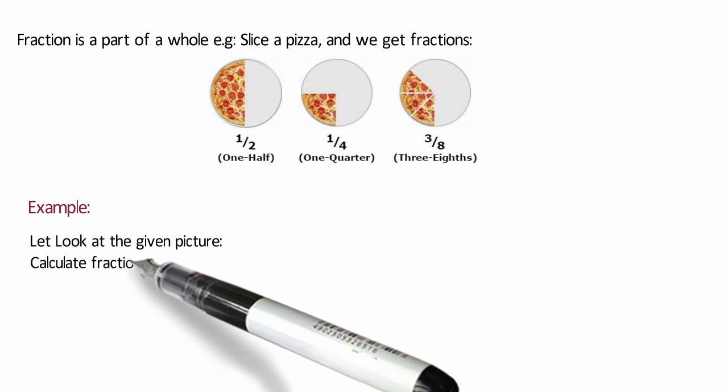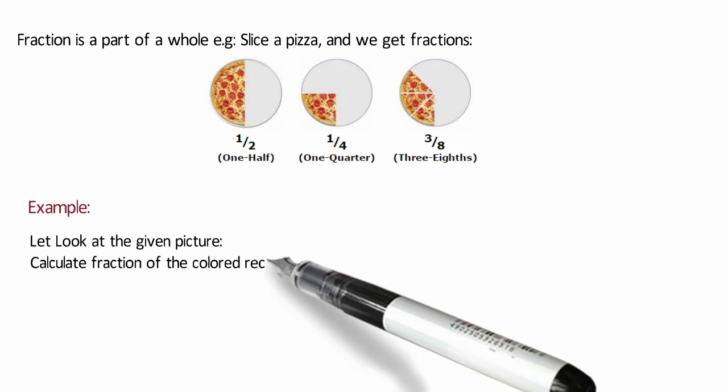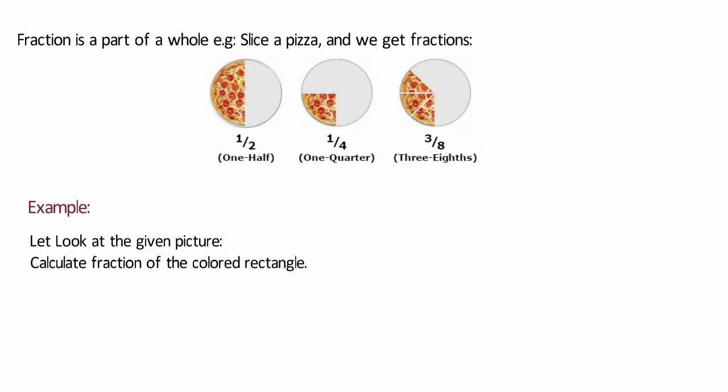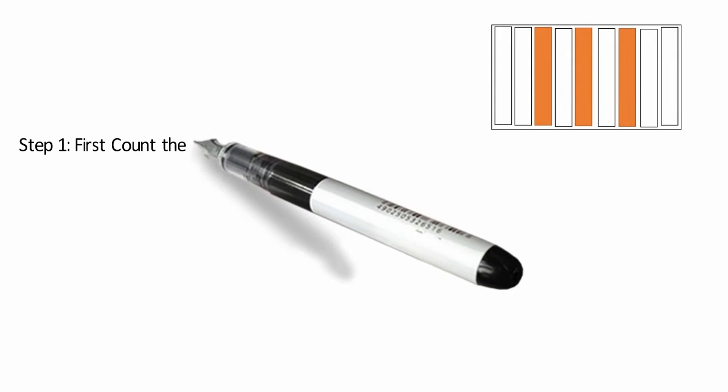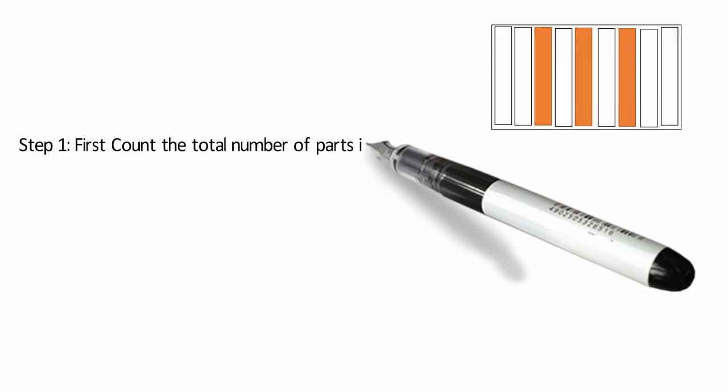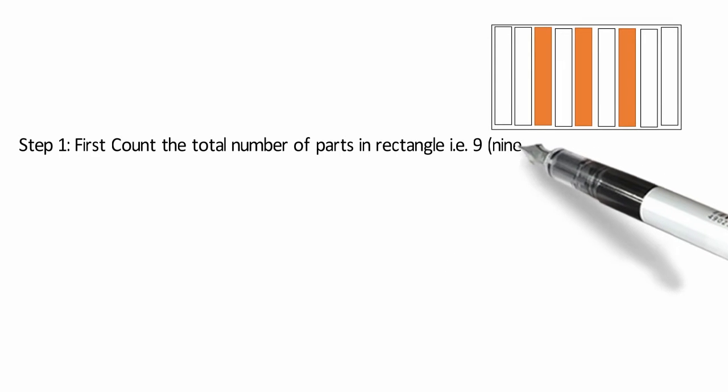Let's look at the given picture. Calculate the fraction of the colored rectangle. Step 1. First count the total number of parts in the rectangle, that is 9.